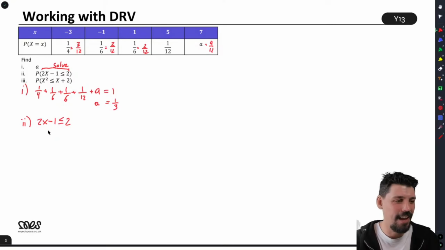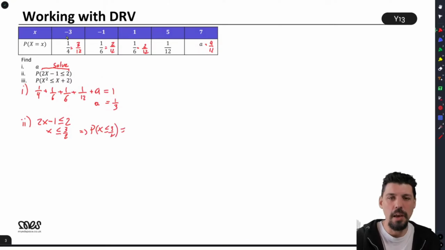Let's see. At least 7/12. Well, that gives me x has to be less than or equal to 3/2. So what values of x give me 3/2? Probability that x is less than or equal to 3/2. We've got the 3/12 from the -3.